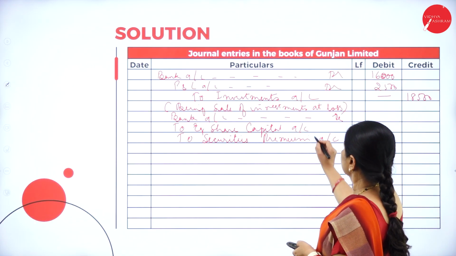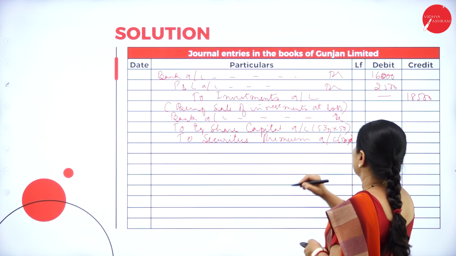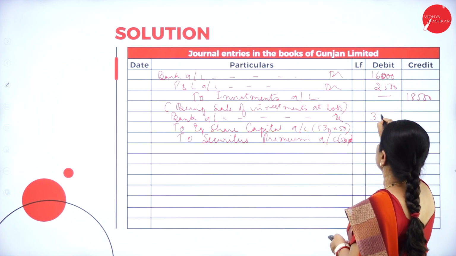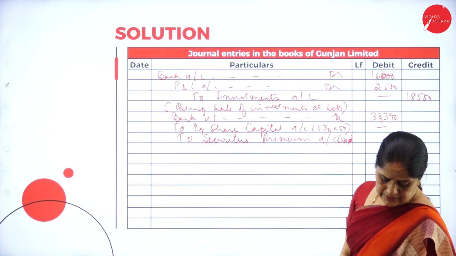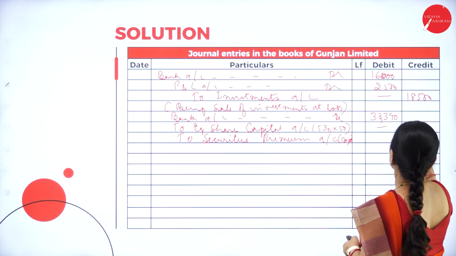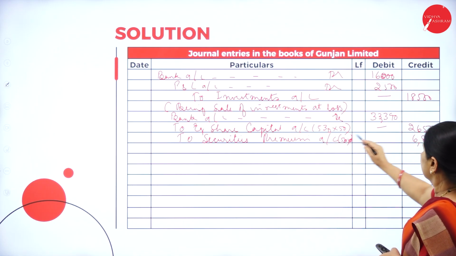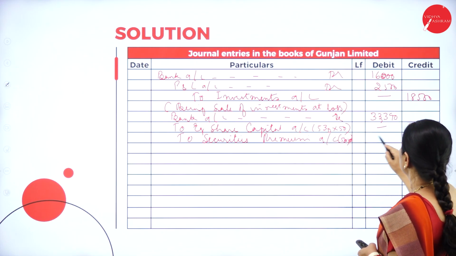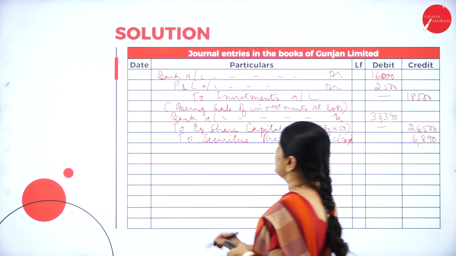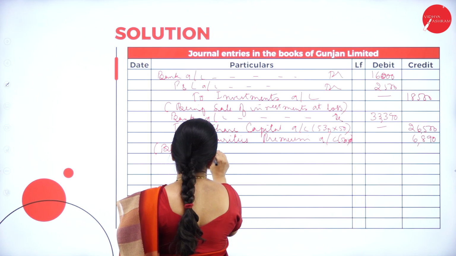So I write 530 into 50, then 530 into 13. So bank account debtor 33,390. Then to equity share capital, 530 into 50, 26,500. Securities premium account 6,890. So this is the fresh issue of equity shares.